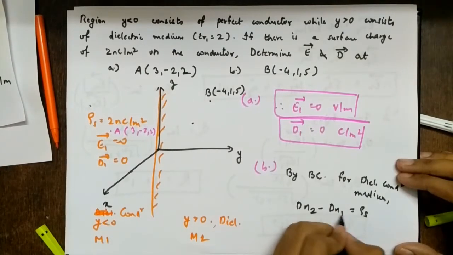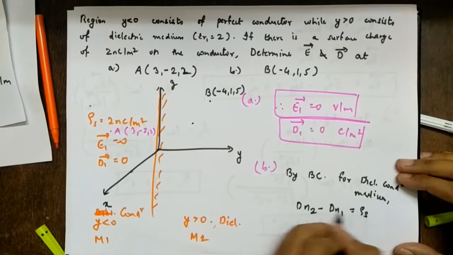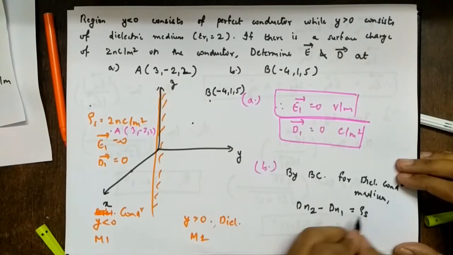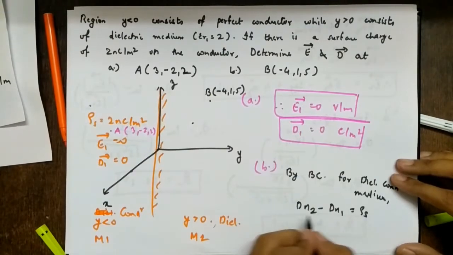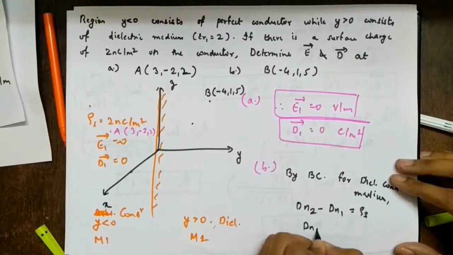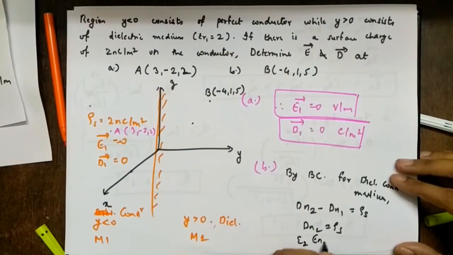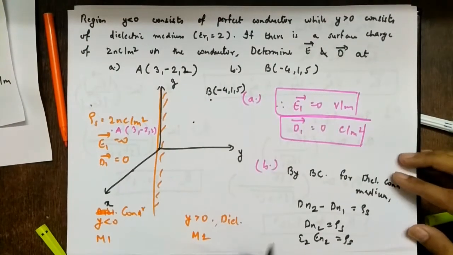So I'll take it as the first medium, so that you can interchange, because obviously it should not be negative. Rho s cannot come out to be negative, right? So dn2 minus dn1 is rho s, and we know dn1 is 0 because dn is 0, so dn2 is rho s, and d is what? Epsilon 2 en2 equal to rho s, right?